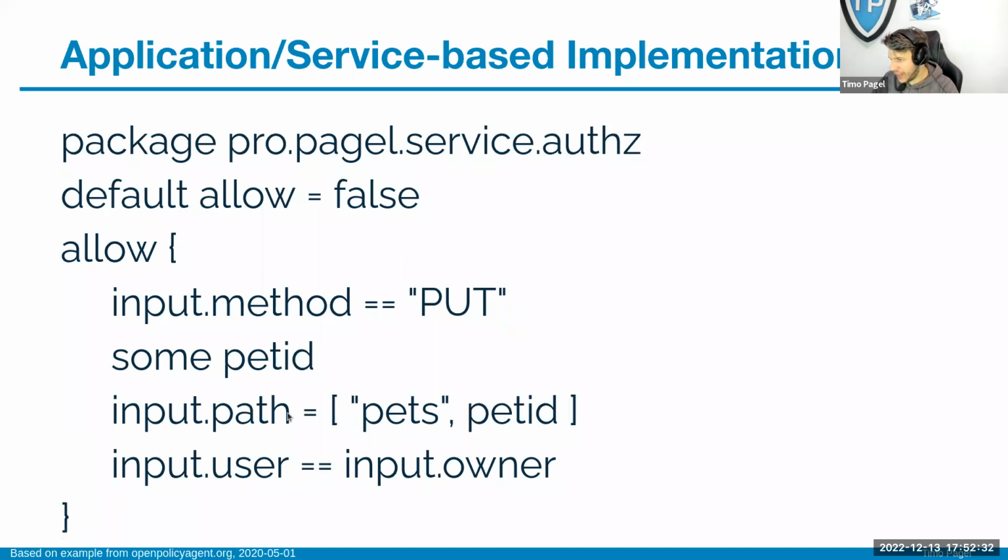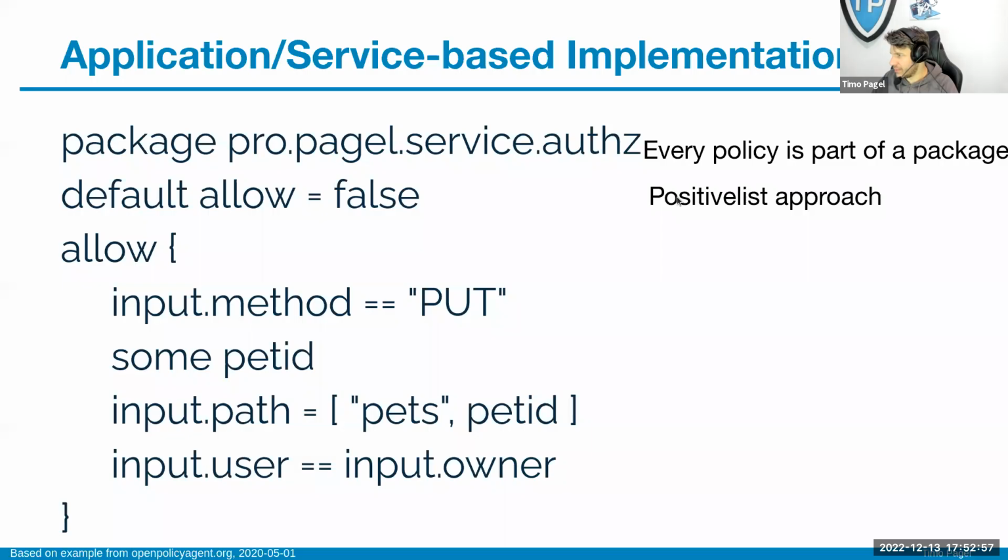Then you check if the input path is pets/pet ID, and then you check if the input user is the same as the input owner. That is an example I took from the Open Policy Agent documentation. That's a very simple one. That's what I described.